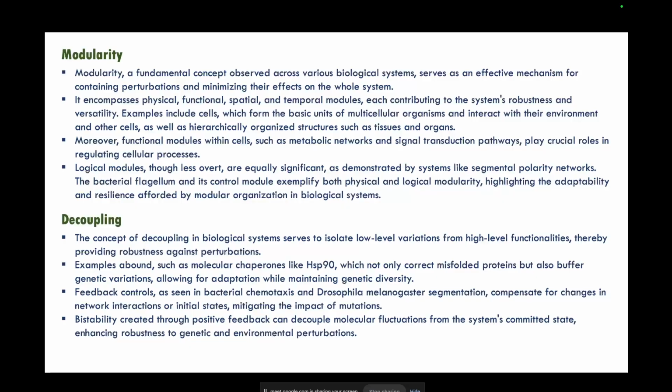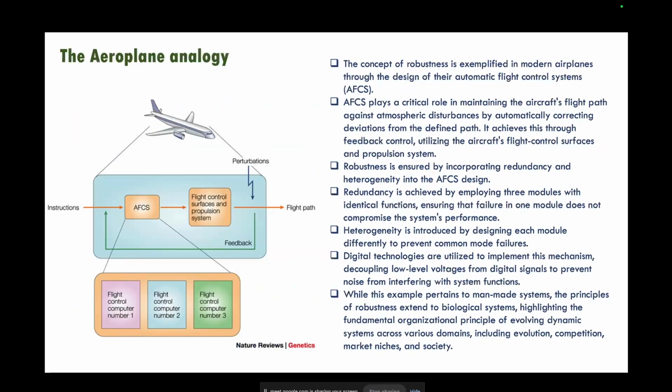So feedback controls are seen in bacterial chemotaxis, Drosophila melanogaster segmentation, and repolarization, compensating for changes in network interactions or initial states, mitigating the impact of mutations. So bistability created through positive feedback can decouple molecular fluctuations from a system's committed state, enhancing robustness to genetic and environmental perturbations. So then we come to the final concept.